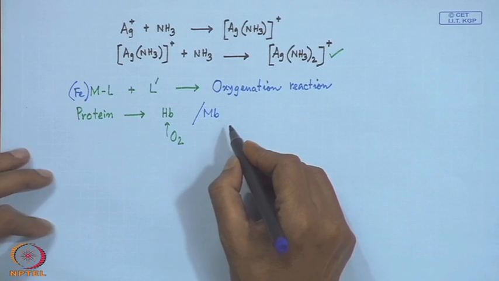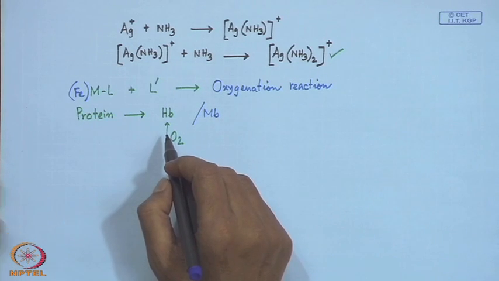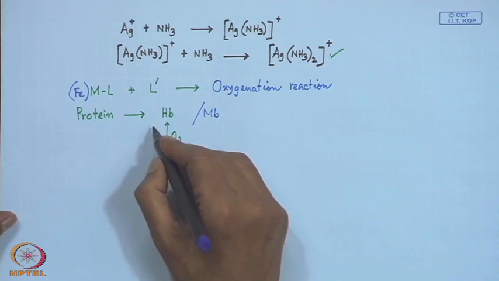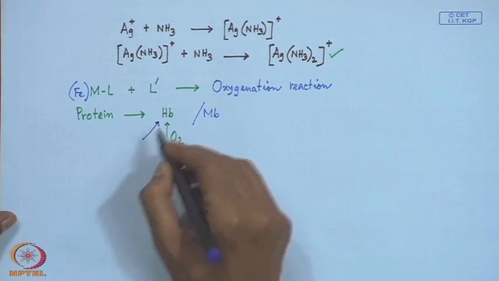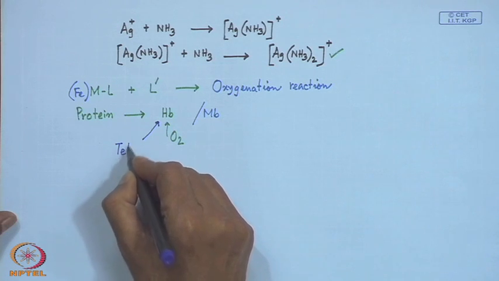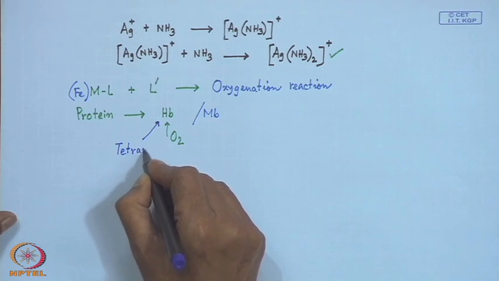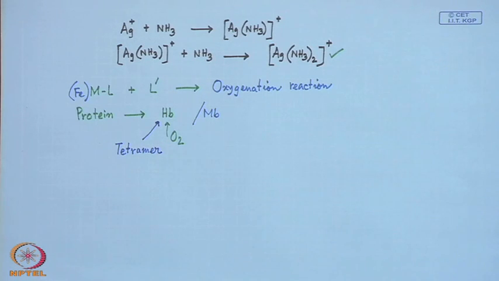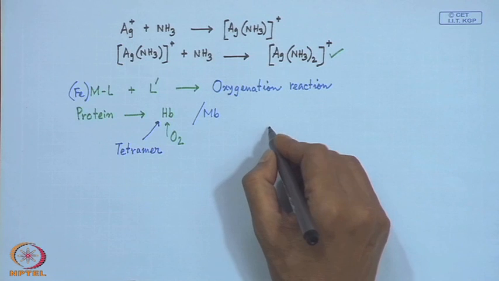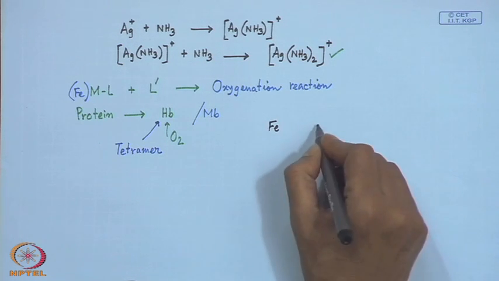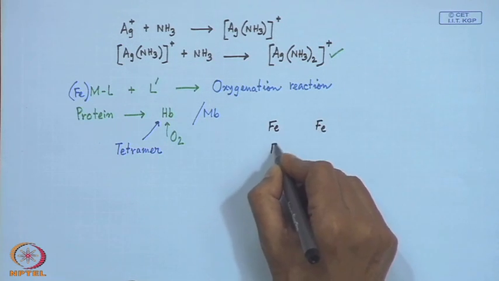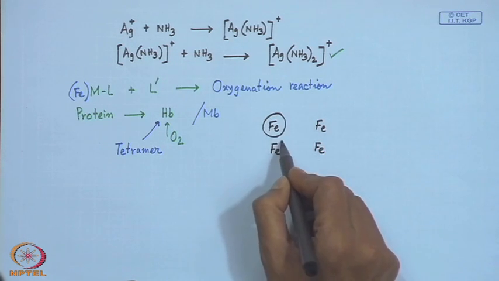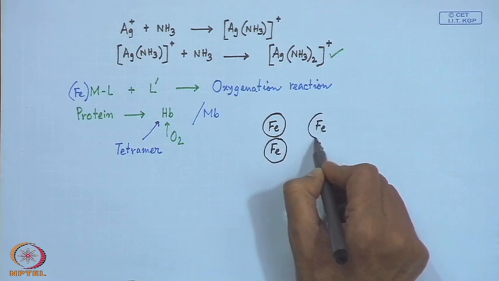So, in this particular case also, we know that the hemoglobin molecule is a tetrameric species. Tetramer means immediately we can see that we can have 4 iron sites. It is a heme protein type thing.